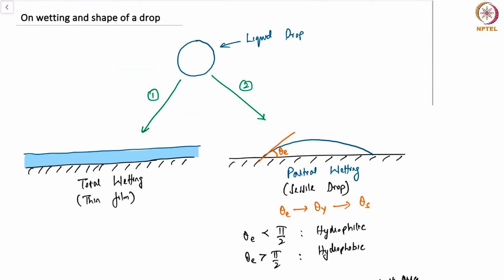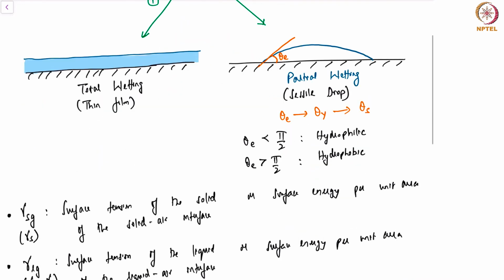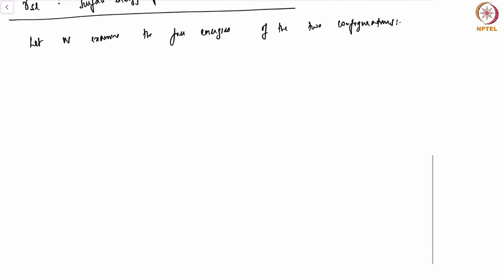So we have two configurations, 1 and 2, and we want to determine the free energies of these configurations. We'll define a parameter, and this parameter is represented by the capital letter S.